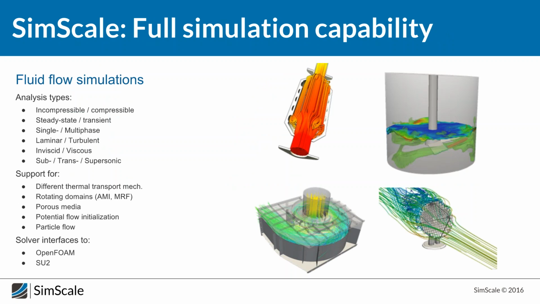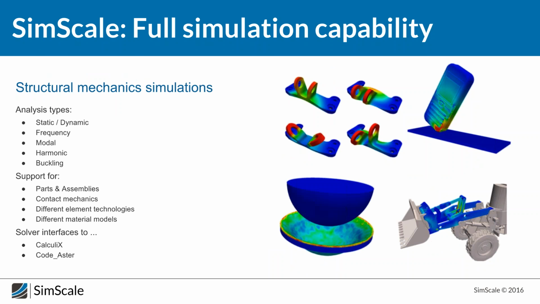So what is it that we give you? A full simulation capability, from basically a full range of fluid flow simulation, incompressible, compressible, steady, laminar, turbulent, supersonic, you just name it, with support for different technologies, rotating zones, porous media, potential flow, particle flows, and so on, enabling the use of state-of-the-art solvers for fluid flow simulations.